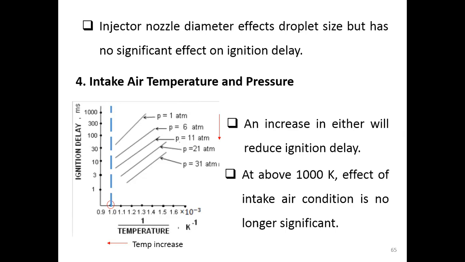If you look at this plot between the ignition delay time and 1 over the temperature, you can see that if we increase the pressure, the ignition delay time reduces, combustion happens faster. And if we increase the temperature, going along this line here, the ignition delay also reduces.